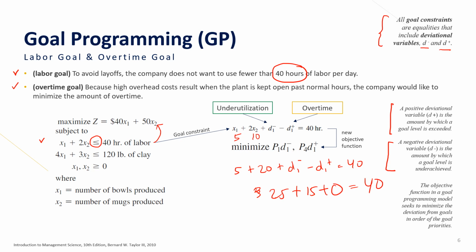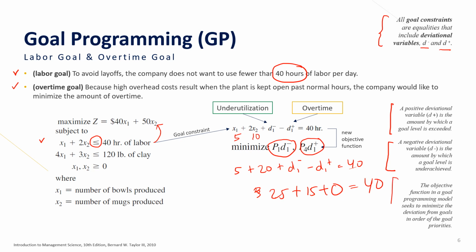Why? Because we want to minimize d1 minus and also d1 plus, to minimize those values. If you have more on d1 plus, it will not achieve the goal. The values of d1 minus and d1 plus cannot be negative; they should be greater than or equal to 0.